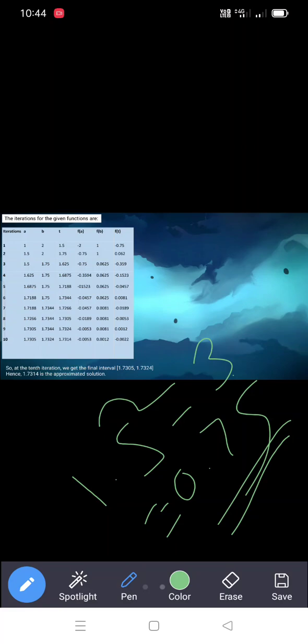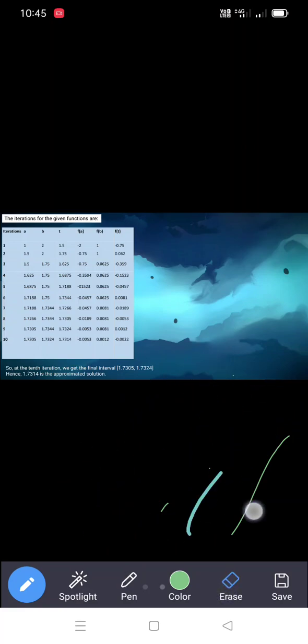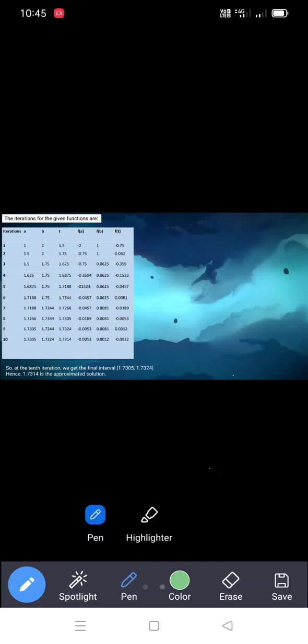So it will become f of t. Then next iteration. It will become negative. So when f of t is negative, a is replaced with 1.5 for the next iteration.